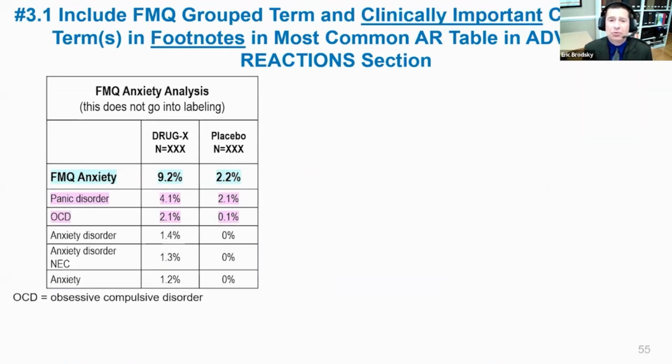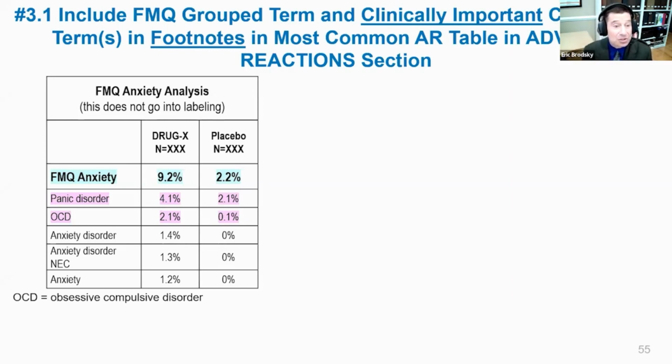Next slide. So number 3, there's 3.1 and 3.2. These represent a similar situation where you're going to include information about the group term as well as the component terms, naming them specifically in labeling. The difference between 3 and 2 is 3 are more clinically important terms.